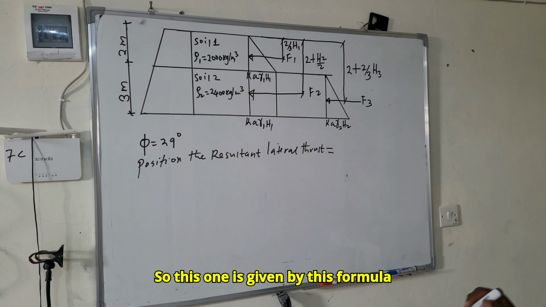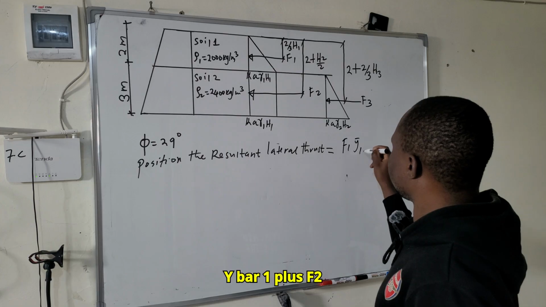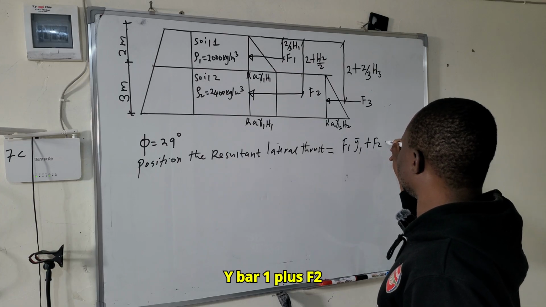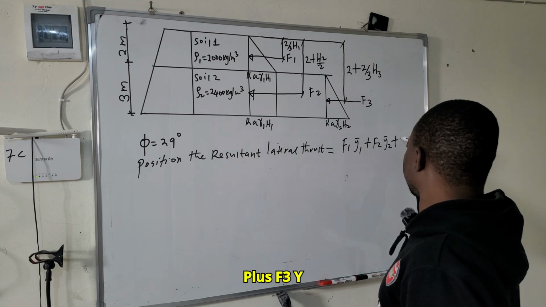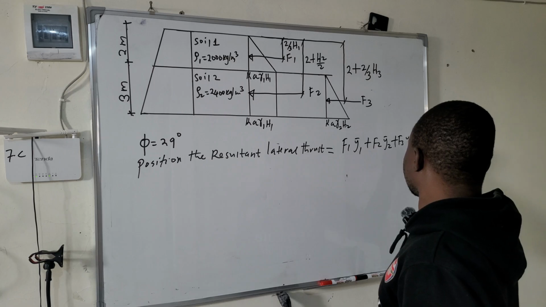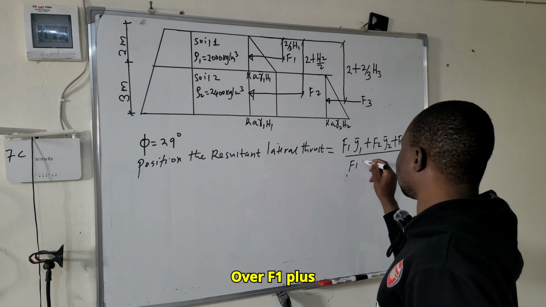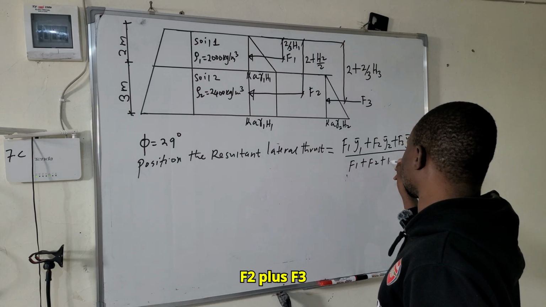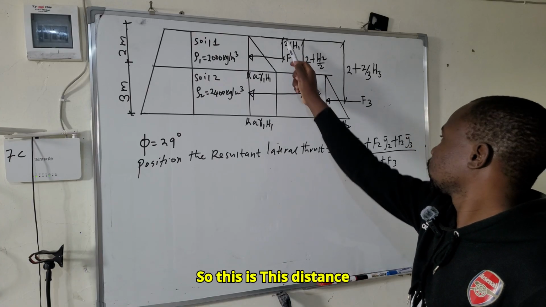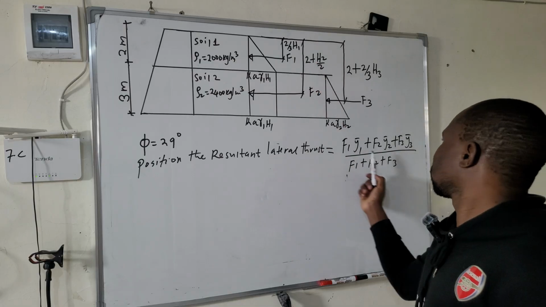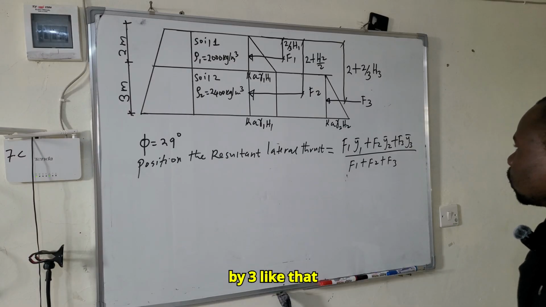So this one is given by this formula: F1 y bar 1 plus F2 y bar 2, this from the top, plus F3 y bar 3 over F1 plus F2 plus F3. So this distance is y bar 1, this one y bar 2, this one y bar 3, like that.